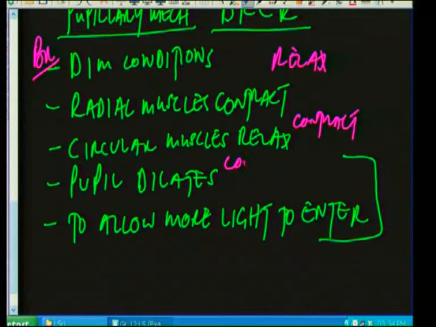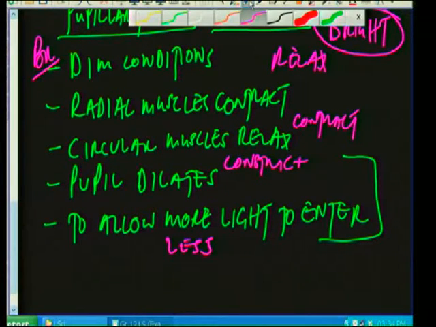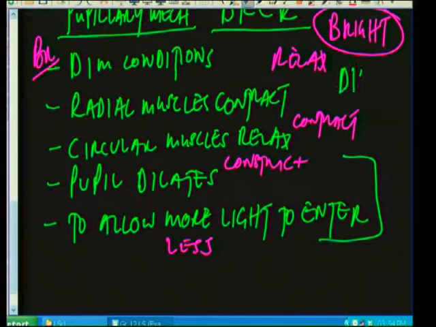Pupil dilate becomes constrict and allows less light to pass through or to enter. It's as simple as that. Notice bright, I'm writing it here for you. Bright is in this color and dim is in that color, the pink and the green. And there it is on one page. You can do the same in your book when you're studying this.